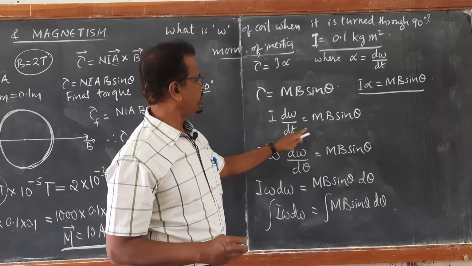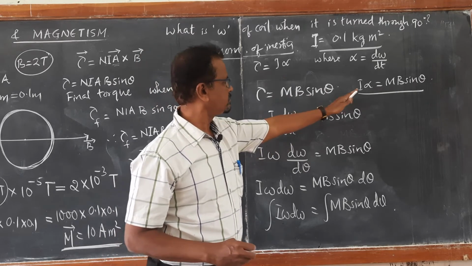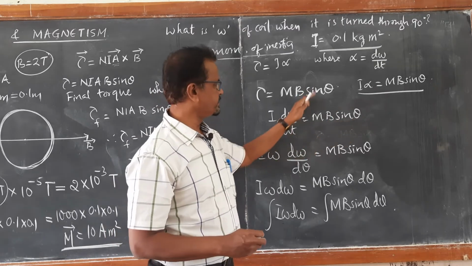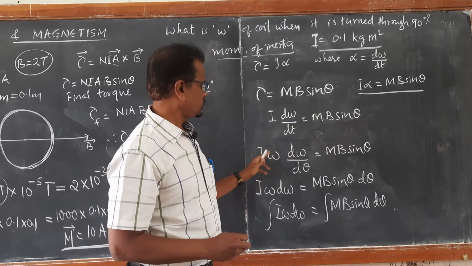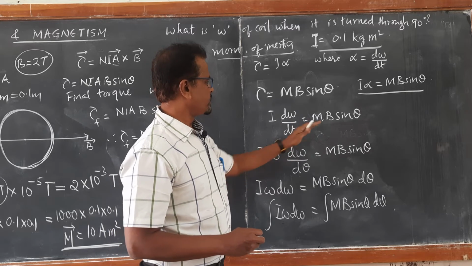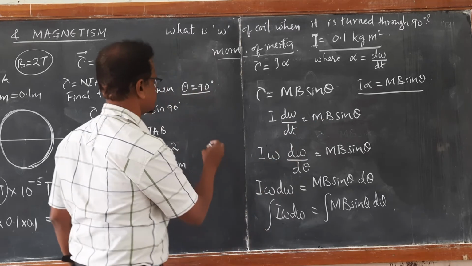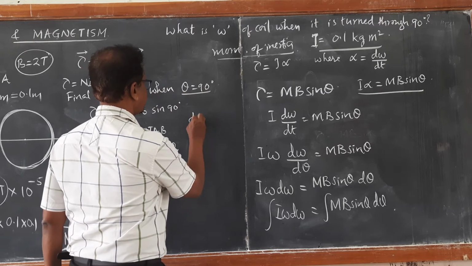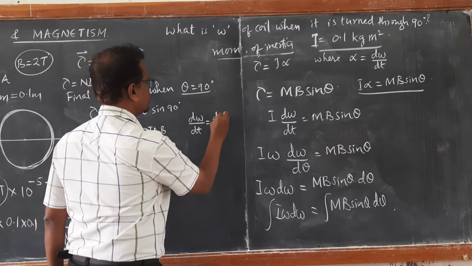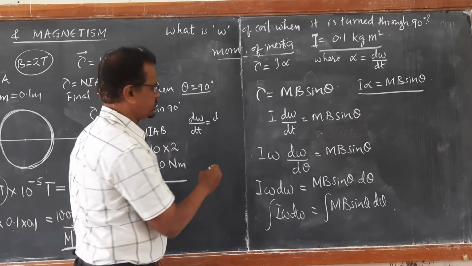Now d omega by dt can be modified by multiplying and dividing by d theta.